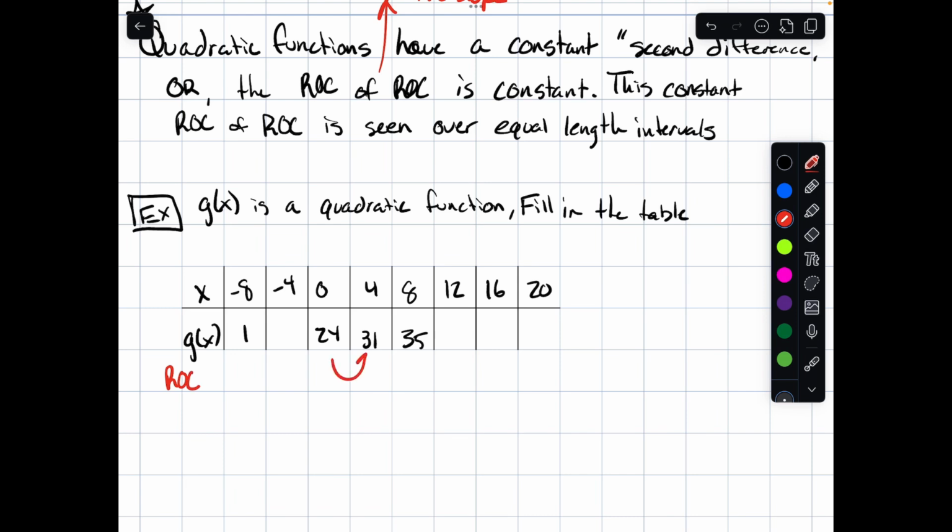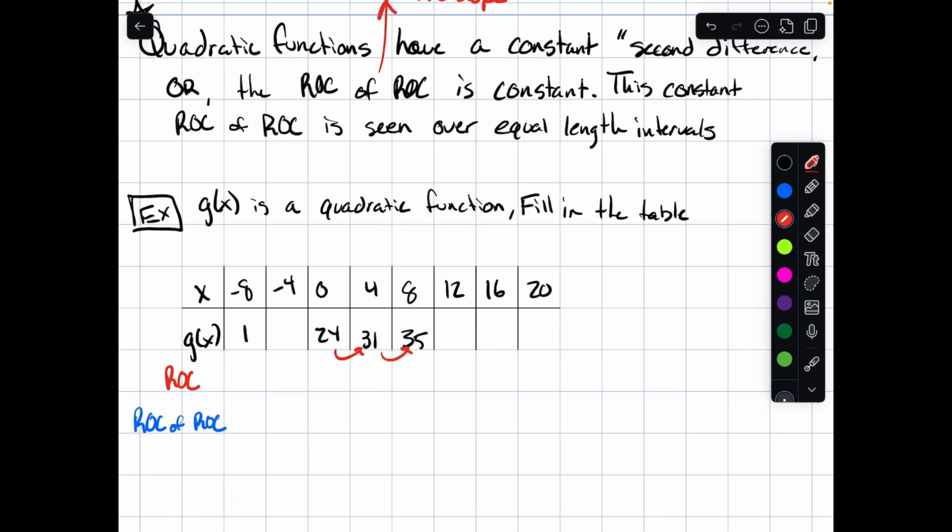Basically, how much do I increase or decrease as I go from value to value? And then the second thing we're going to look at is the rate of change of rate of change. It looks kind of weird. It is a little bit weird, but we can go ahead and solve.